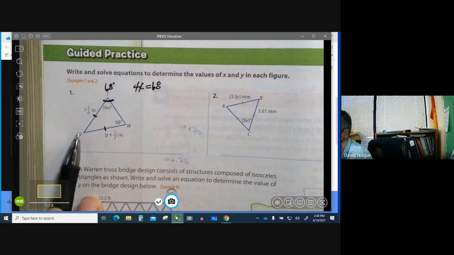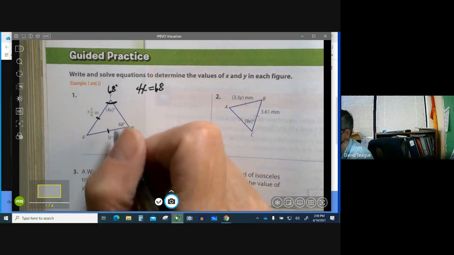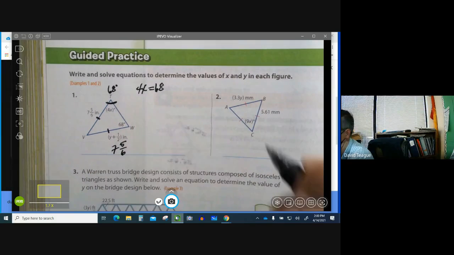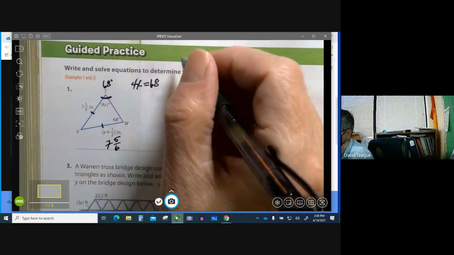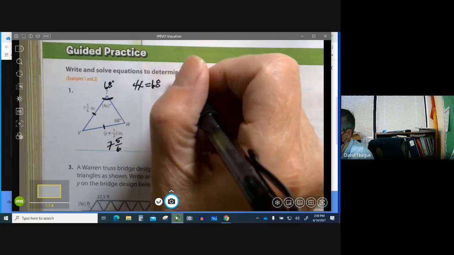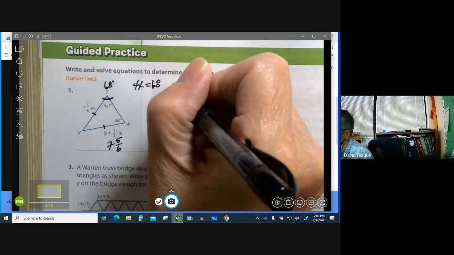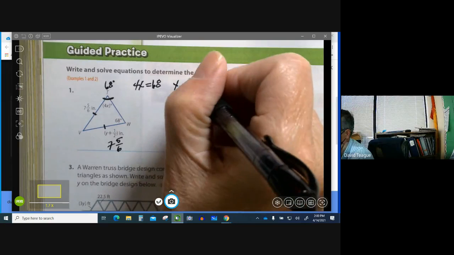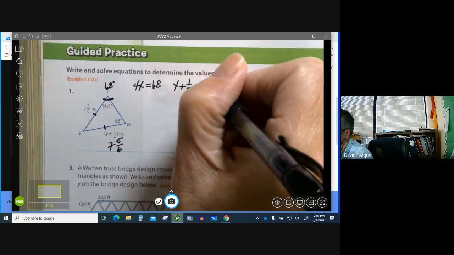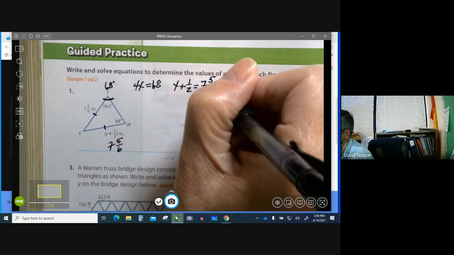Well, I know this side is 7 and 5/6, so this side is 7 and 5/6. So I can say y plus 1/2 is equal to 7 and 5/6.